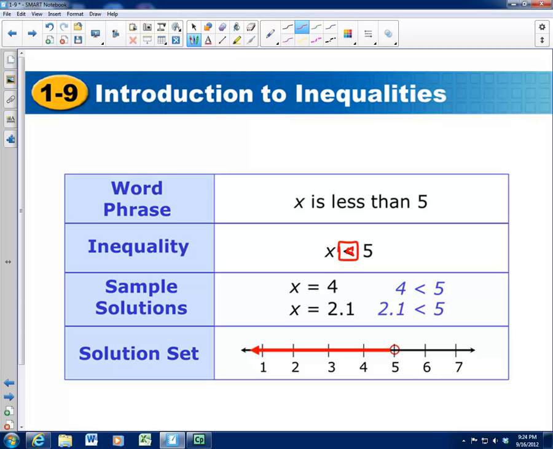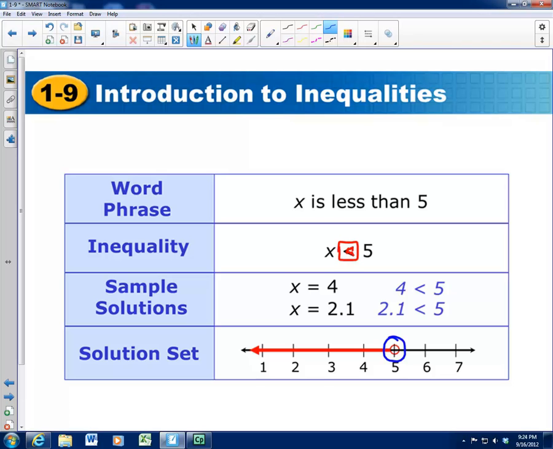Okay, so now it says sample solutions. This means the value of x. This says x is less than 5. Well, that means x could be 4 or 3 or 2 or 1 or 0 or any combination of these numbers. So when we graph that, you'll notice they use an open circle on 5 right here. The reason why they use the open circle is because it's not going to be equal to 5.